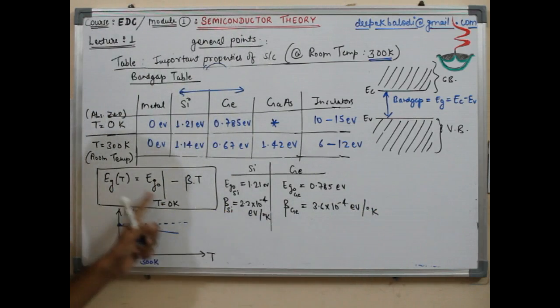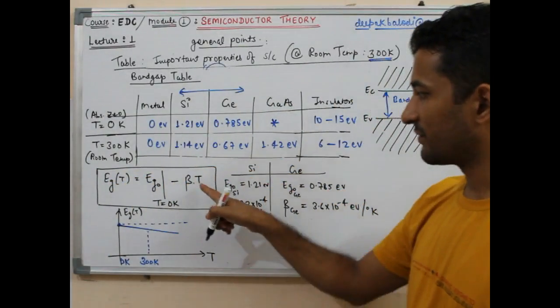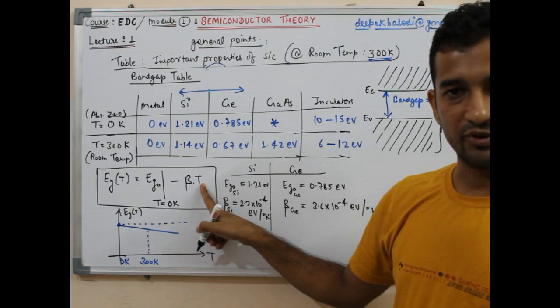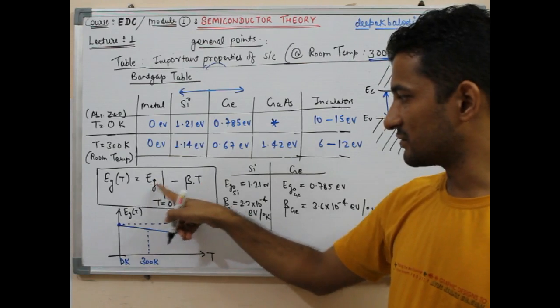With these values we can calculate the band gap at any temperature above absolute zero, or even at absolute zero, where it is only Eg naught.